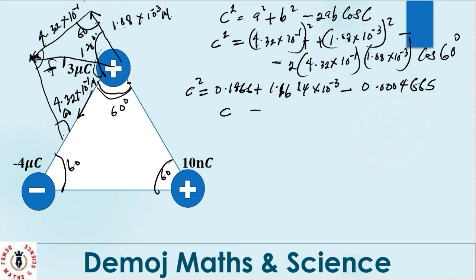Altogether, my c at the end of the day, which is the resultant force, will be the same thing as 0.433 Newton. With this, I hope you understand how to calculate electric force between 3-point charges.